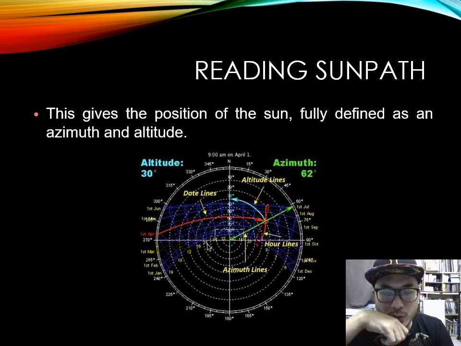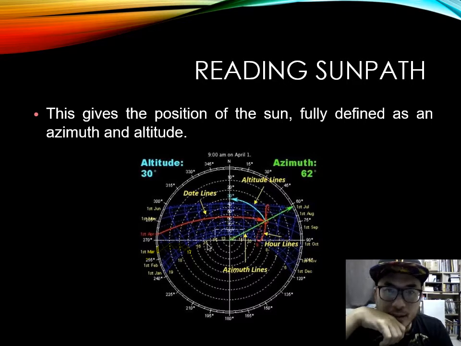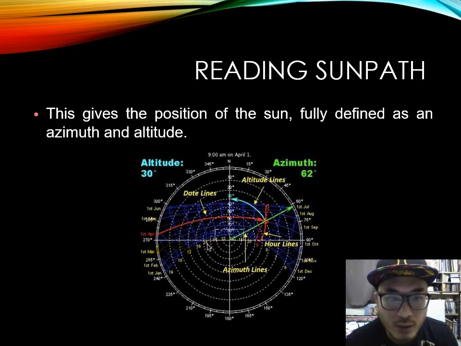So how should we read the sun path diagram? This gives the position of the sun, fully defined as azimuth and altitude. This is just an example of a diagram that shows here an altitude of 30 degrees with an azimuth of 62 degrees.